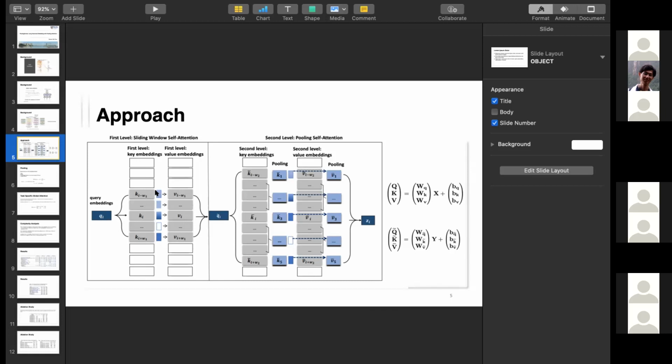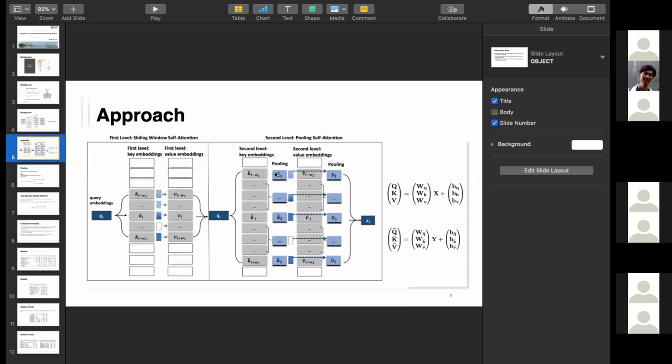In the second level, we use the output of token i to generate different QKV vectors, and use these QKV vectors to again apply a similar mechanism, but here we apply a larger sliding window.